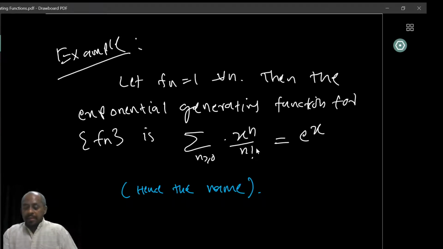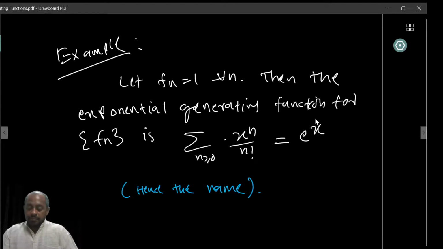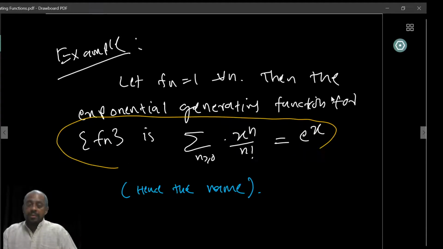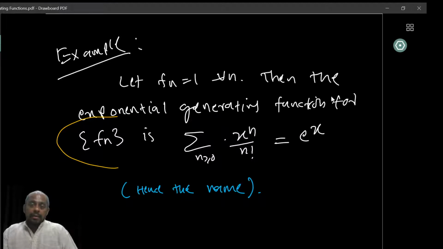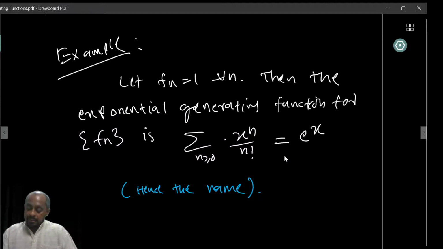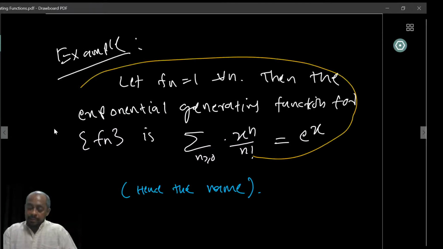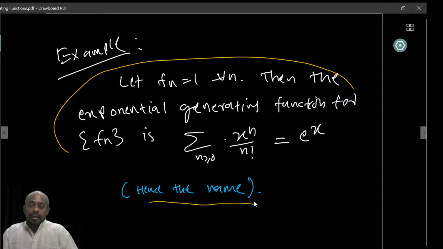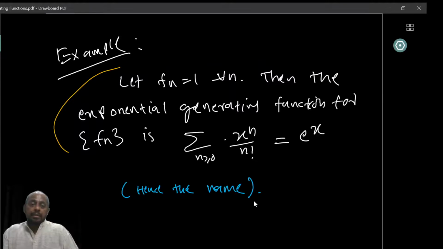This is the series x raised to n by n factorial, which is e raised to x, if you remember calculus. So the exponential generating function of the constant sequence is the exponential function e raised to x, and that is the reason for the name exponential generating function.